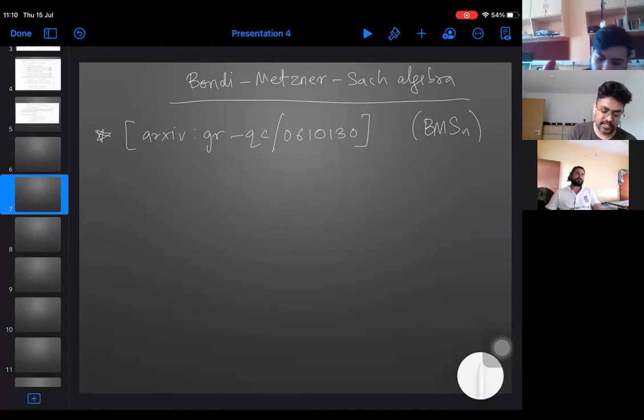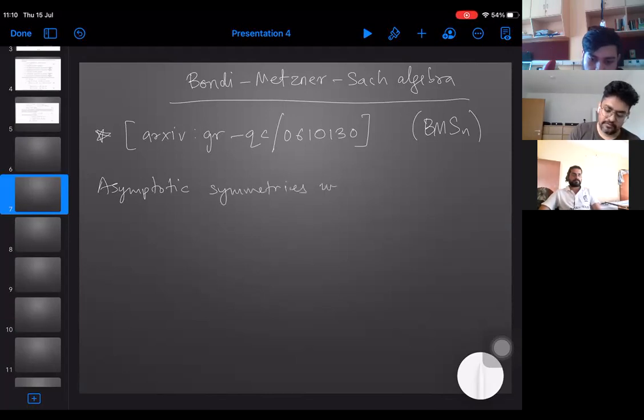To find these so-called asymptotic symmetries, we first need to look at the null infinities.